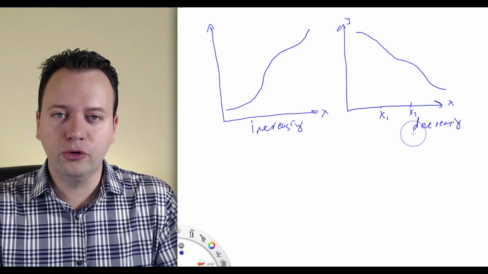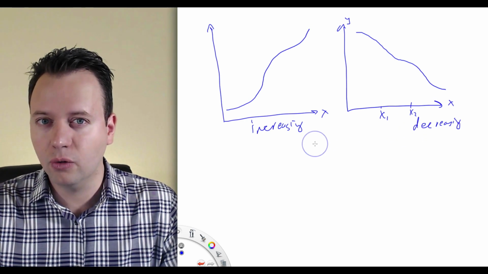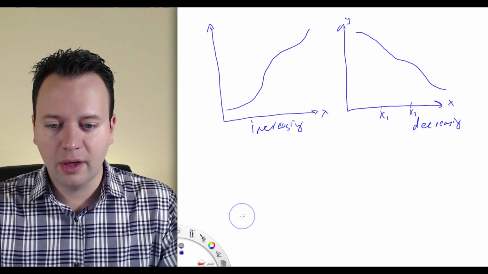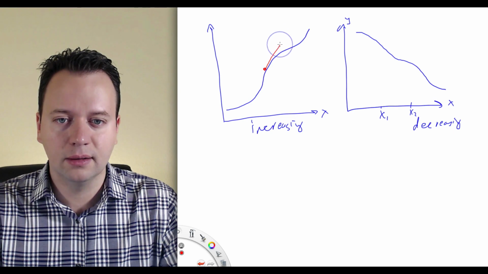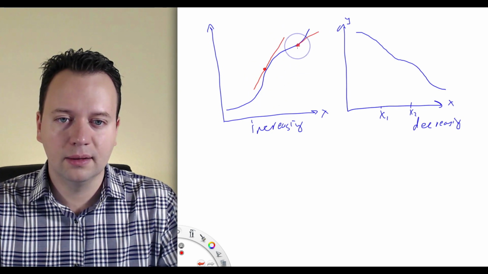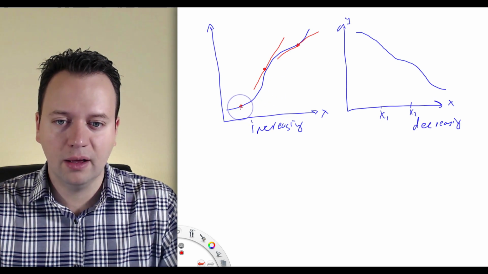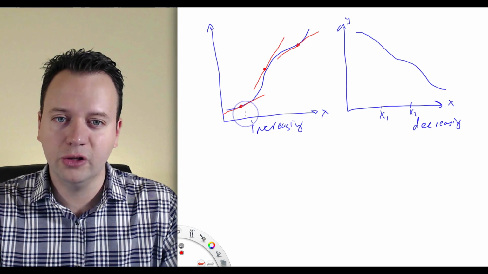Now, how would the derivative be related to whether or not the function is increasing or decreasing? Well, if the function is increasing and we draw the tangent line like that, notice that the tangent line, I'll draw 3 of them at 3 different points, always has a positive slope, right?